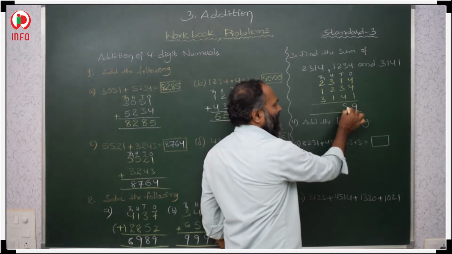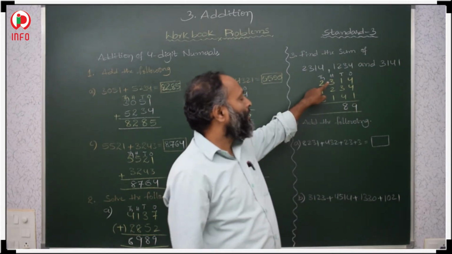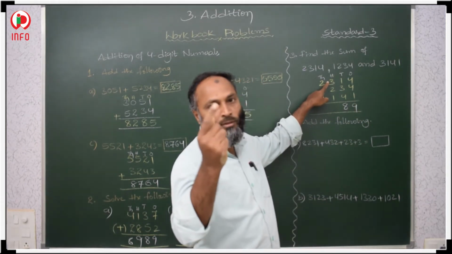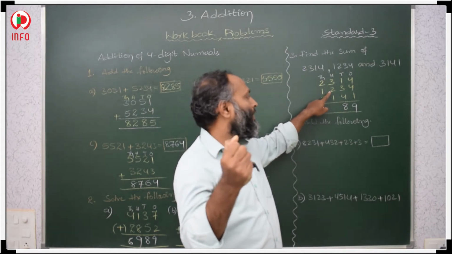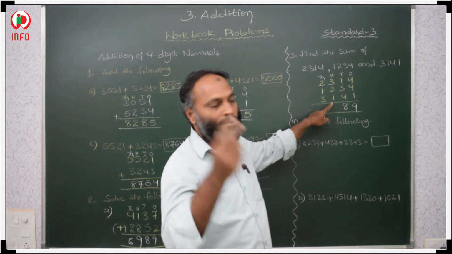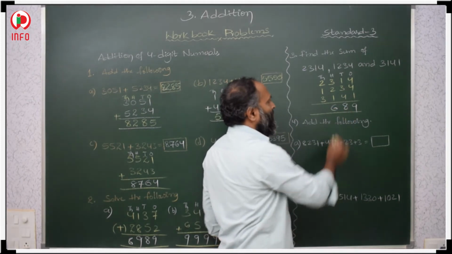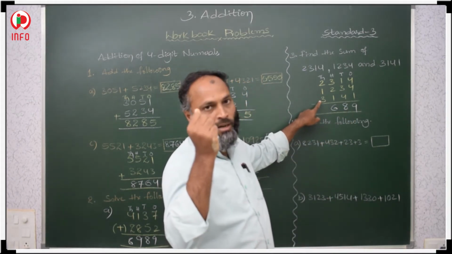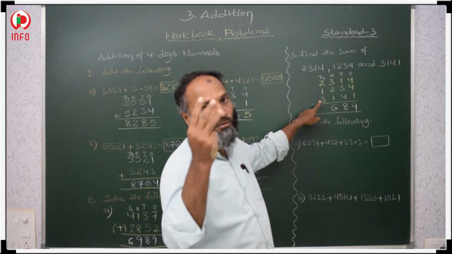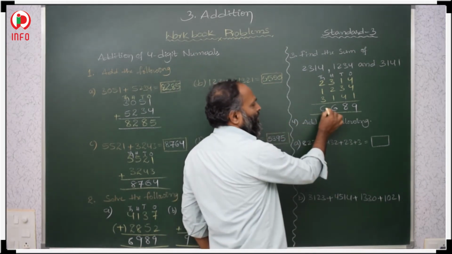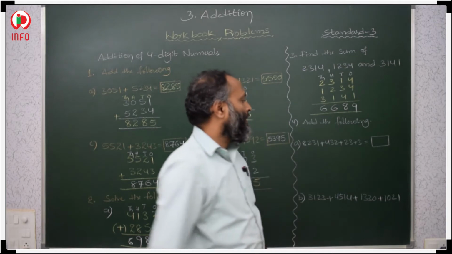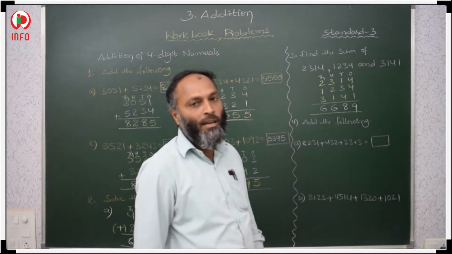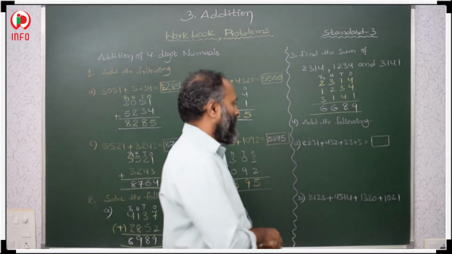Here 8. 3 plus 2, 3, 4, 5. Here 5. 5 plus 1, 6. 2 plus 1, 3. 3 plus 3, 3, 4, 5, 6. 6,689 is your answer.